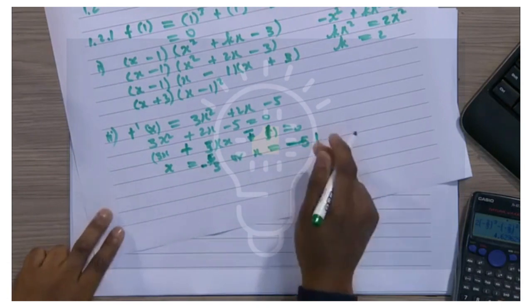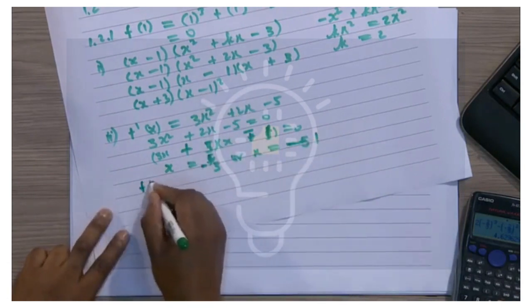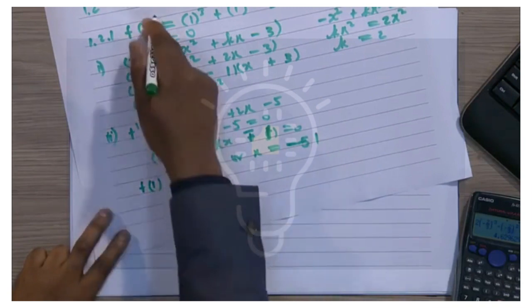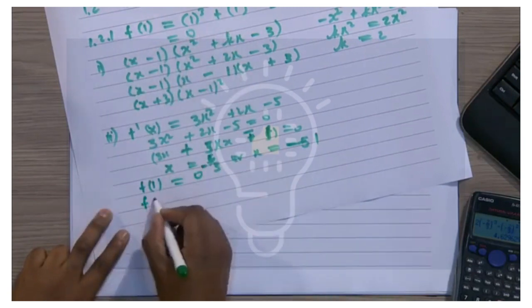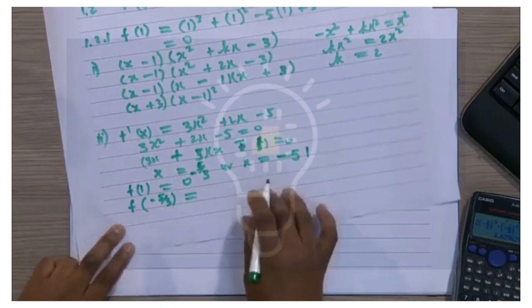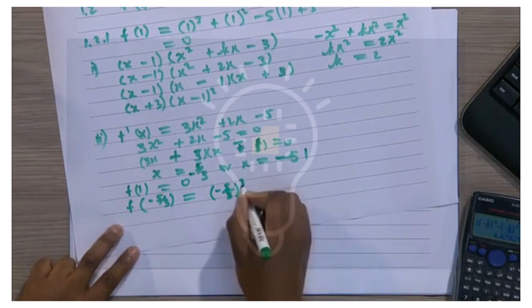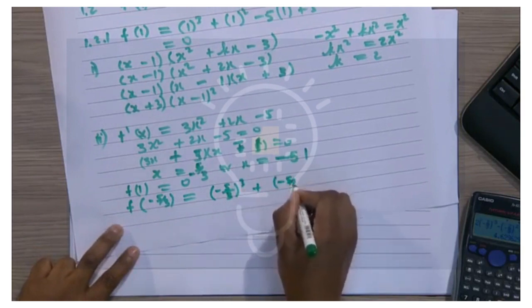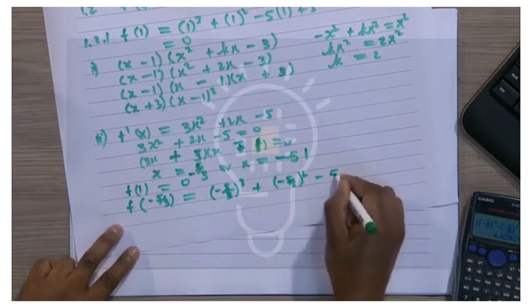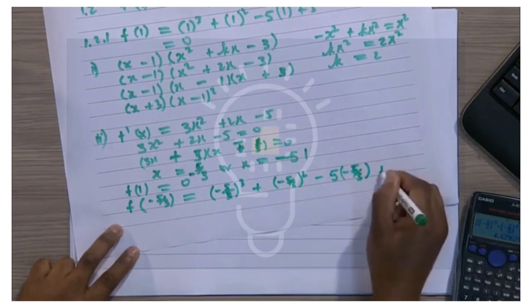Okay, now if we are substituting, you can see this already. We've already done f at 1. f at 1 gave us a 0 earlier, so we only need to do f at minus 5 over 3. F at minus 5 over 3, what do we get? Minus 5 over 3 cubed plus minus 5 over 3 squared minus 5 into minus 5 over 3 plus 3.